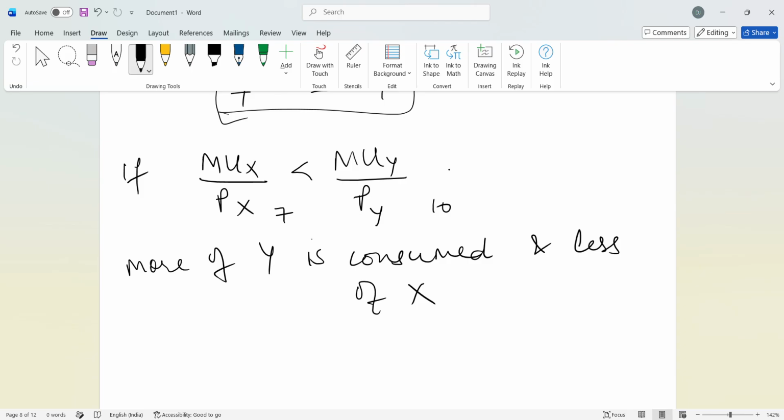Either you consume more of Y, which brings down the marginal utility of Y, or you start consuming less of X, which increases your marginal utility from X from 7 to 8 to 9. Either way it works out. The point is that these two ratios should be equal to have maximum utility for a consumer according to economic theory. All right, I hope you understand this.